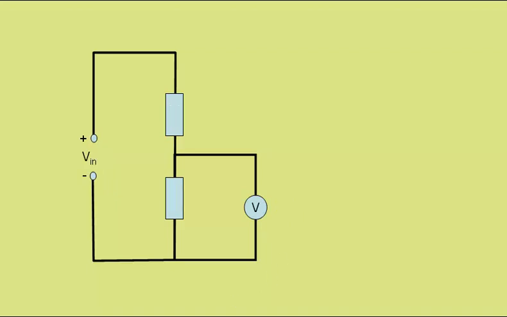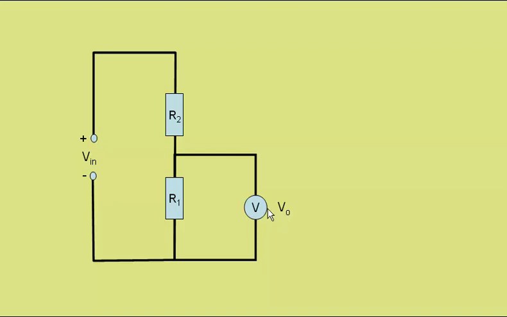Now let's look at the general case, where the potential difference of the supply I've called V in, the input potential difference, the resistors R1, over which we read the output potential difference, and R2, the other resistor. And then this will give VO, our output potential difference.